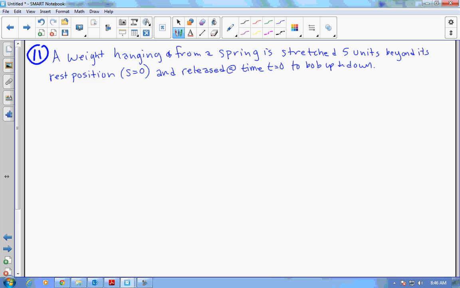Its position at any later time t is S equals 5 cosine t.